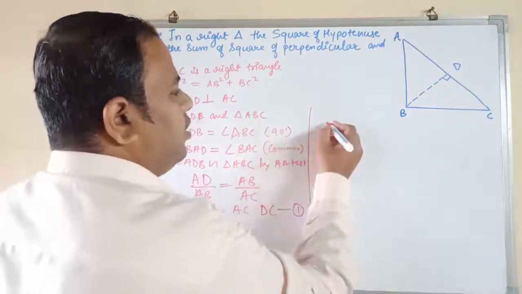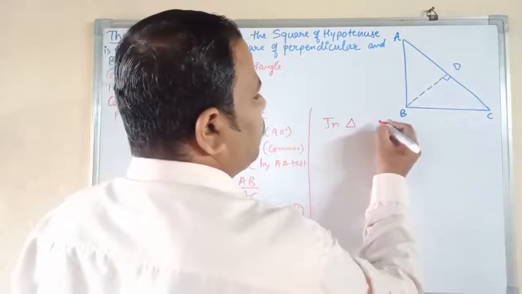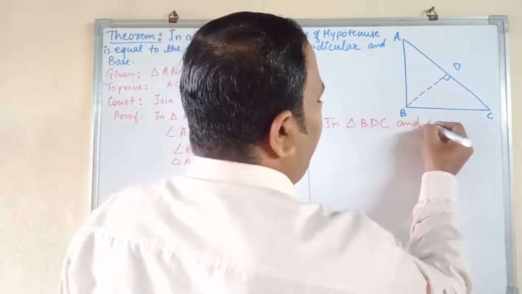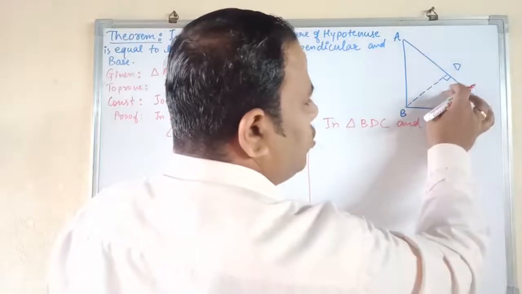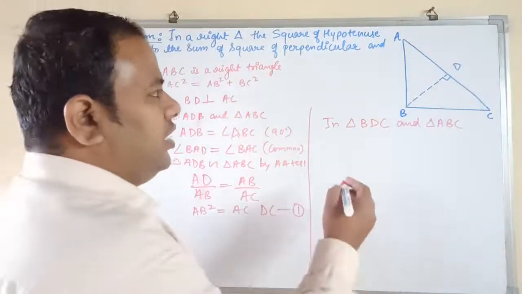So again we have to take the second triangle. In triangle BDC and triangle ABC, the smaller triangle below is also a right triangle, and the bigger triangle, we have to make it similar again. So let's do it.